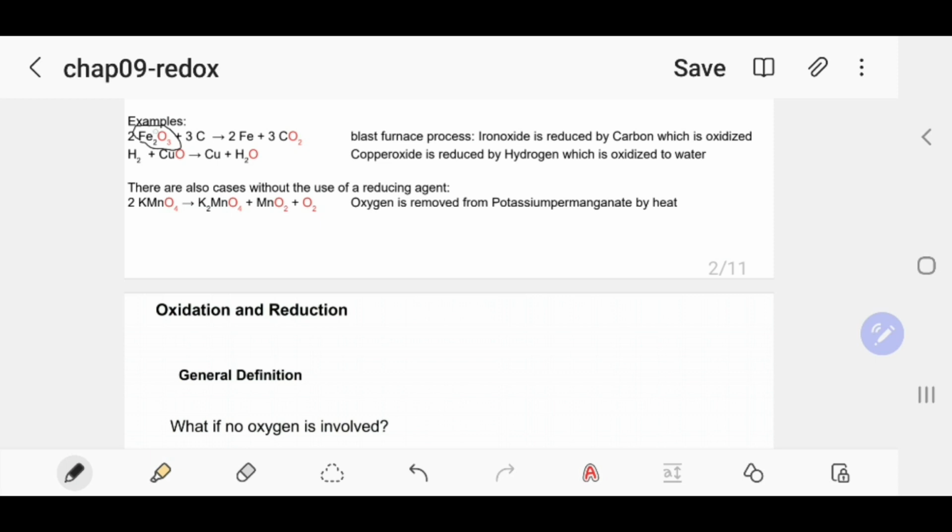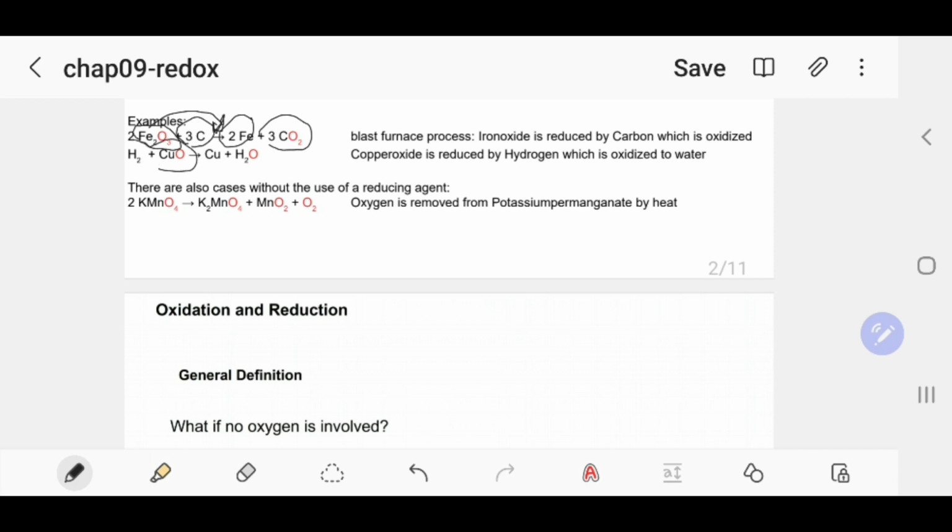So now it's a compound that has the oxygen element. And in the presence of carbon, we get the formation of CO2, carbon dioxide, and therefore the iron here is reduced because it no longer contains the oxygen. And now it's just solid iron, so the pure substance again.